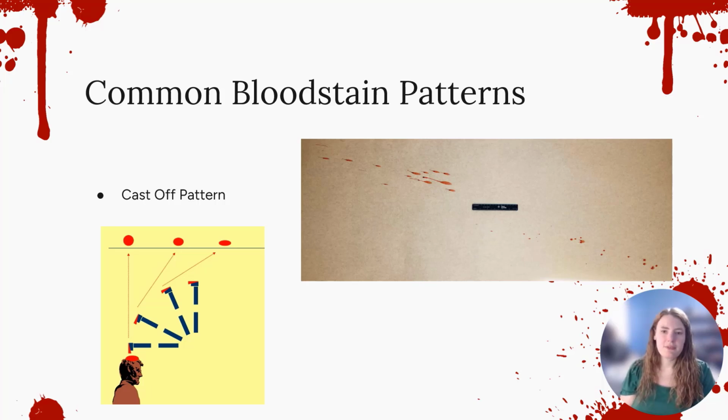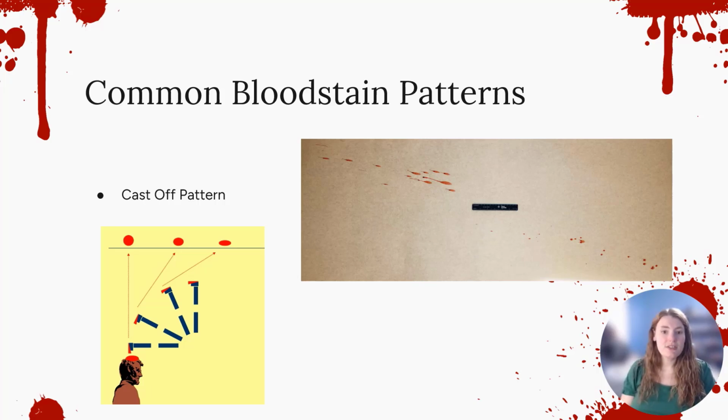In terms of crime scene reconstruction, cast-off stains can be really useful pieces of information. Cast-off stains serve almost as an arrow that points to where the injury occurred, with the more circular droplets indicating a close to 90-degree impact, whereas the trail of elongated drops will point away from the injury location.